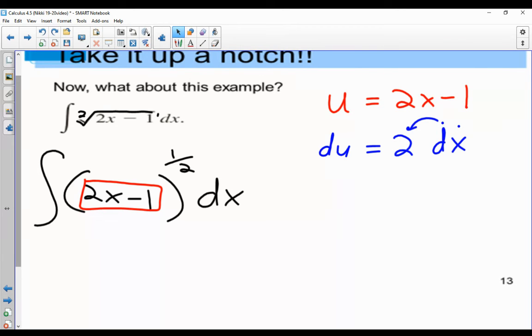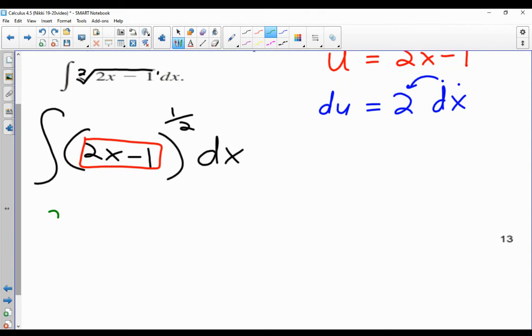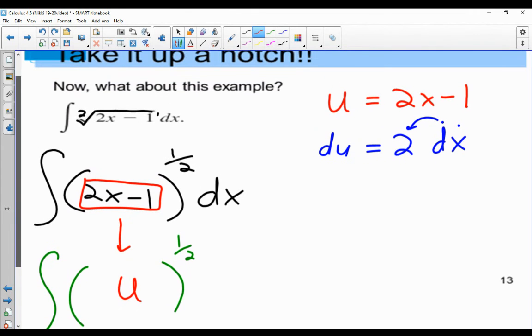All right. So now, I'm going to start plugging stuff in. You're going to realize in a moment that something's not going to quite add up. Get the parentheses 1/2. I'm going to take the 2x minus 1 and replace that with the u, because u and 2x minus 1 are the same thing.